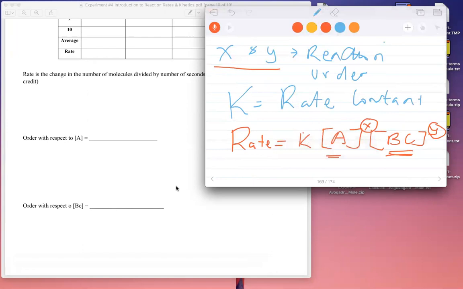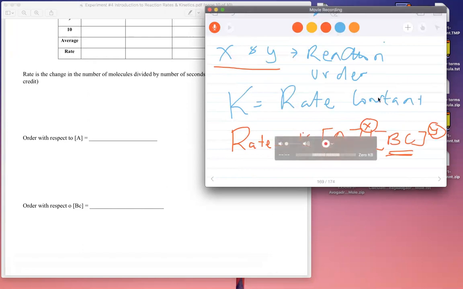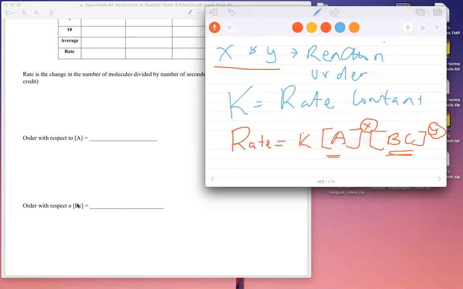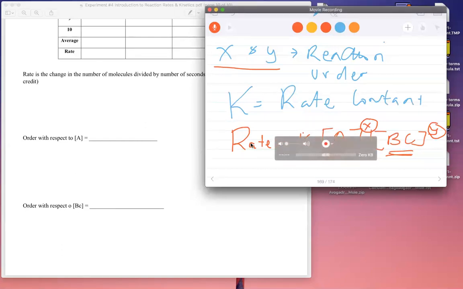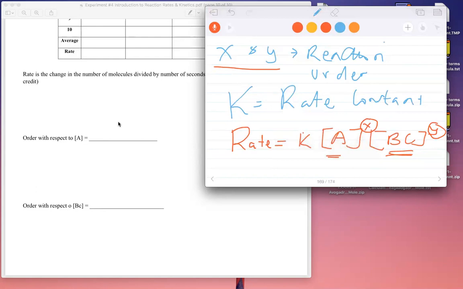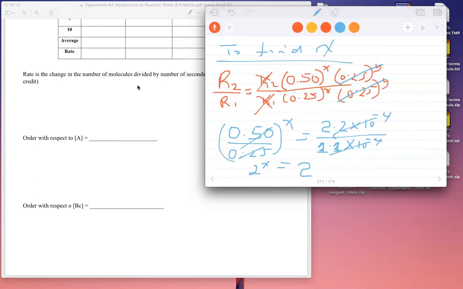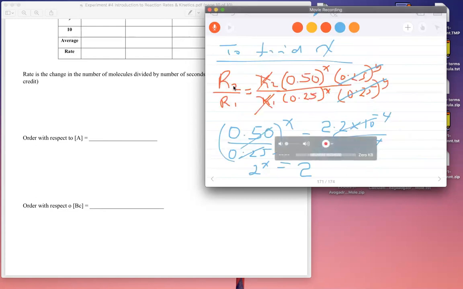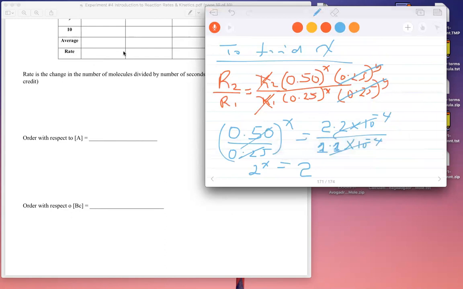So that's the criteria you're going to be using. For our case, if you look at the reaction here, PC and A are the reactants. You'll find X and Y using the same way. In the worked example, we were given the concentration. So for the rates I've been talking about, if you look at R1, R2, these are the values you will get.